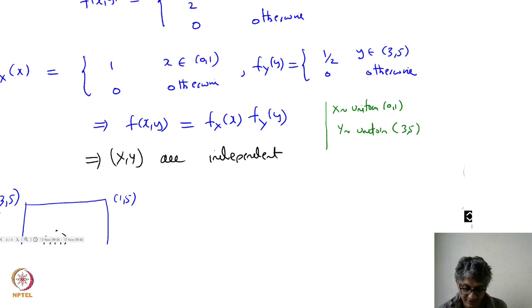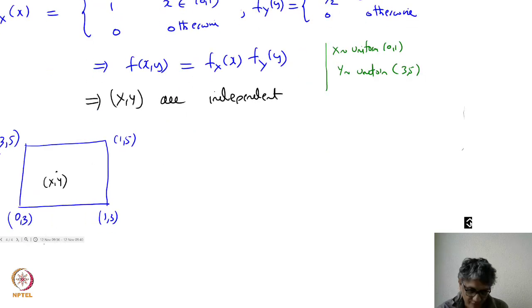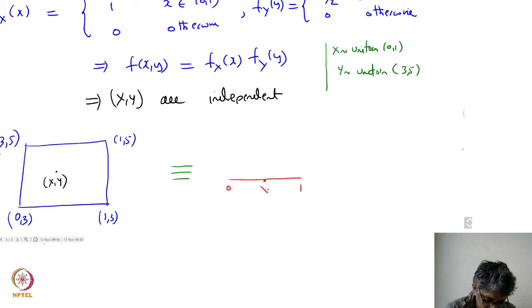That means choosing a point uniformly in the rectangle 0, 1 cross 3, 5 is the same as what you do: you go first to the x-axis and choose a point uniformly in the interval 0, 1, so x is uniform on 0, 1.